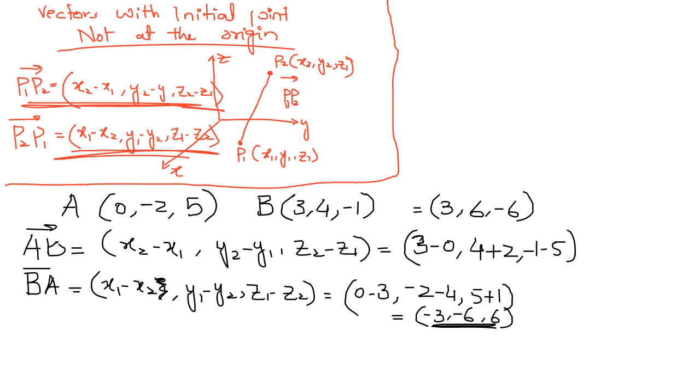So this is the AB vector and the BA vector. If any two points are given and you are asked to find a vector, you have to change the formula accordingly. The AB formula is different and the BA formula is different. Got it? Understand?